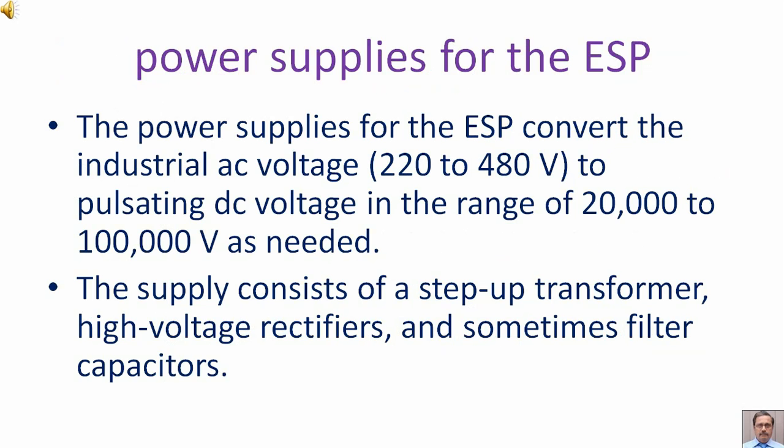Power supplies for the ESP. The power supplies for the ESP convert the industrial AC voltage, 220 to 480 volt, to pulsating DC voltage in the range of 20,000 to 100,000 volt as needed. The supply consists of a step-up transformer, high voltage rectifiers, and sometimes filter capacitors.